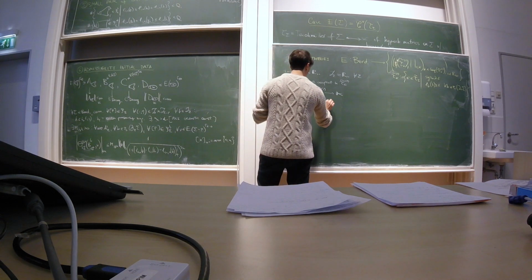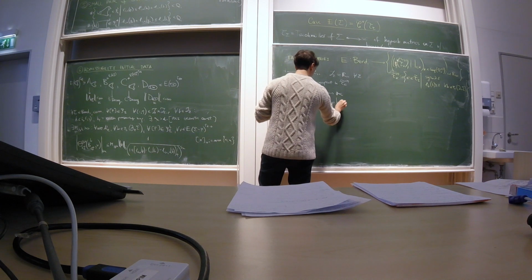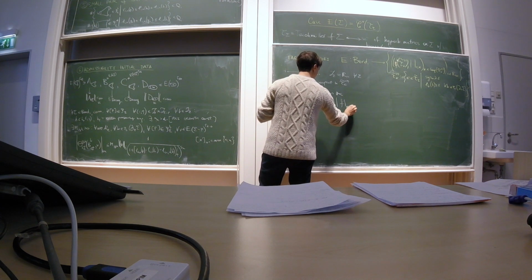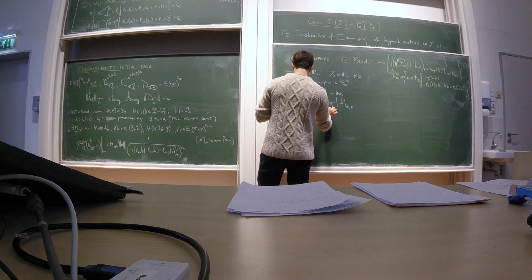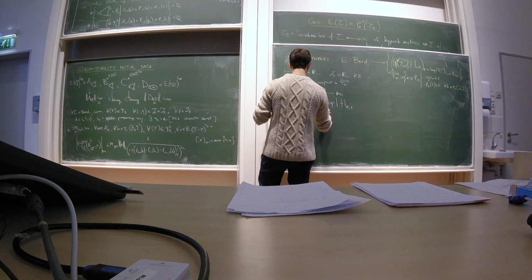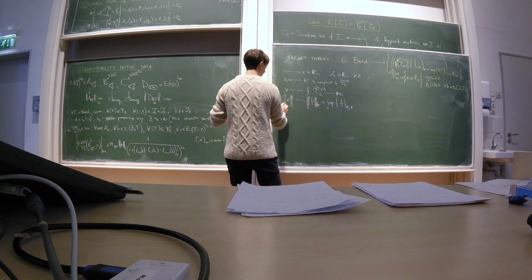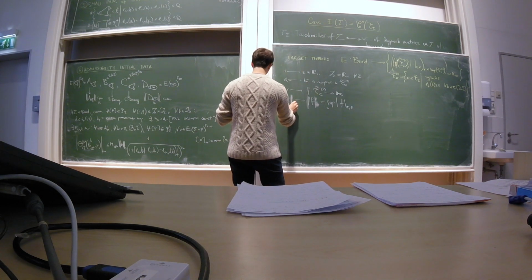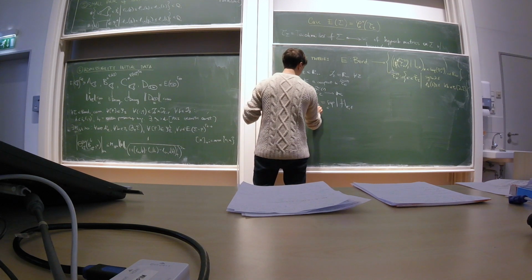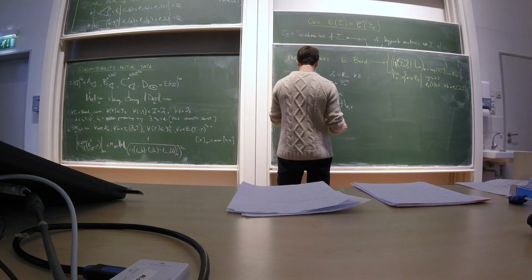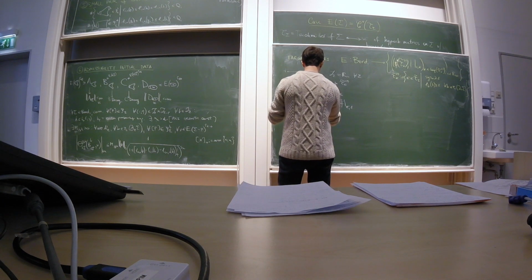It depends on epsilon, which will be the sup of f k epsilon inside, oh sorry, I have to do this one first. Okay, let me do this one first. First you want I alpha, and this would be I alpha epsilon.